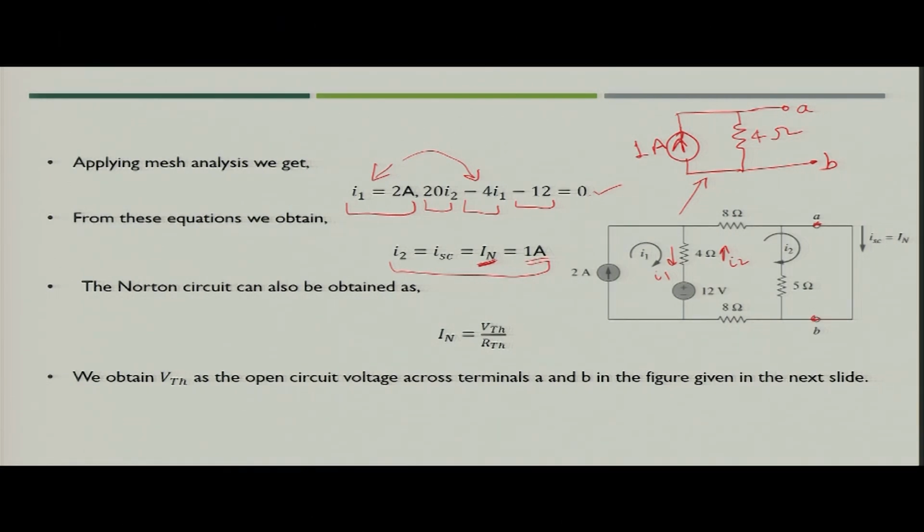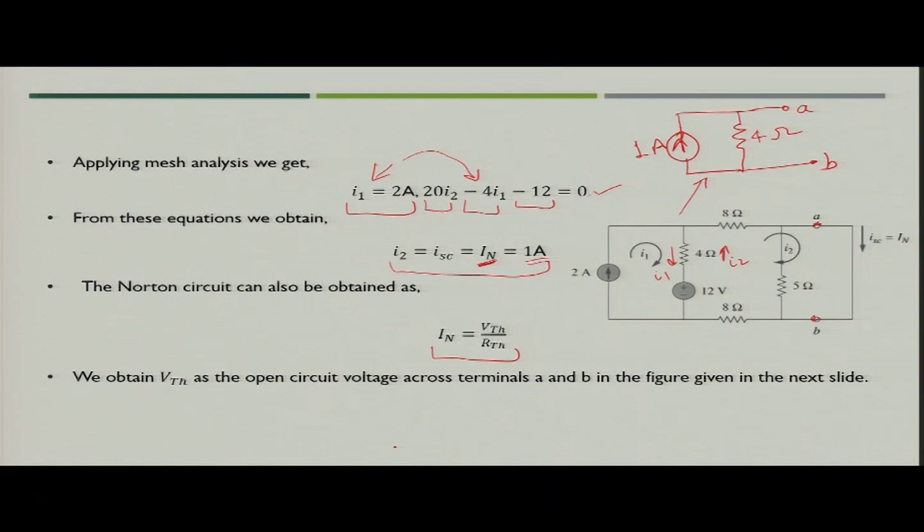Next, you can verify whether the Thevenin and Norton's relationship is correct or not. We established that Norton's current can be calculated as Thevenin's voltage divided by Thevenin resistance.